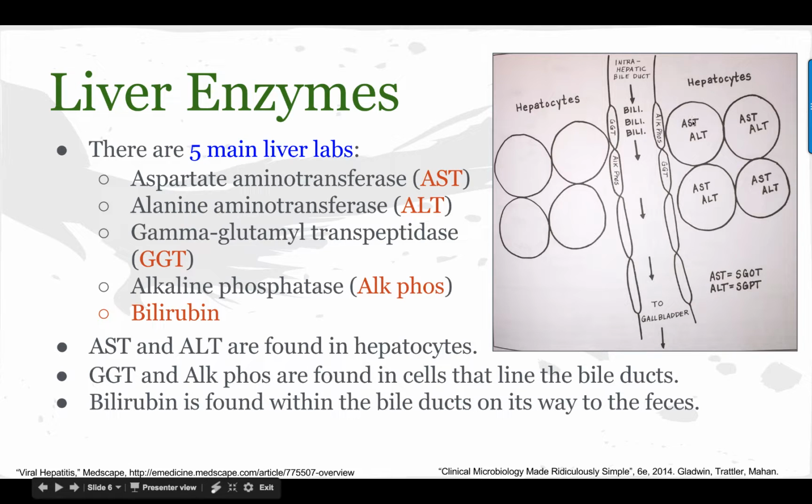You can see AST and ALT primarily reside within the hepatocytes, where GGT and alkaline phosphatase are found primarily in the epithelial cells that line the biliary ducts. And then bilirubin, on the other hand, is found within the bile and is traveling down towards the gallbladder and the small intestine.